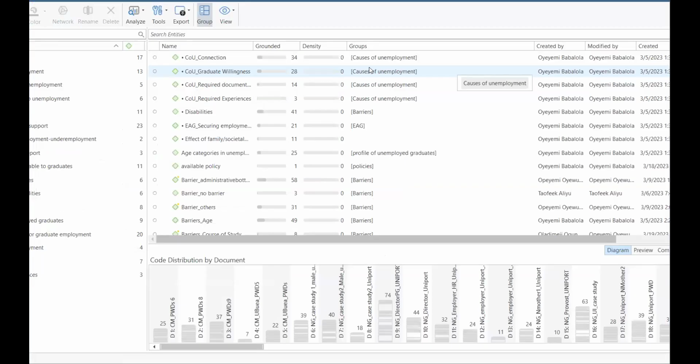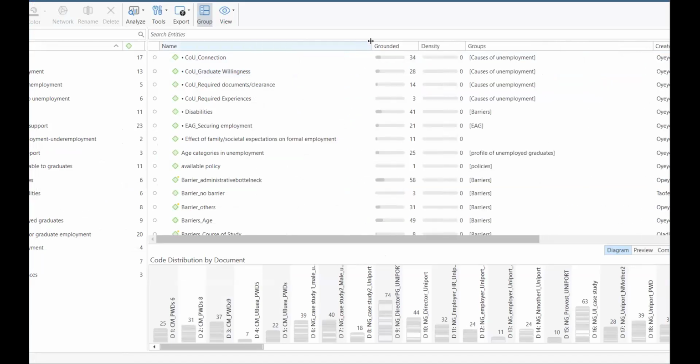You will see that it is the same, causes of unemployment, connection, just like I had on my code book. That is what I brought into my ATLAS.TI, and that is what will guide my analysis. I can expand this so that you can see it clearly.